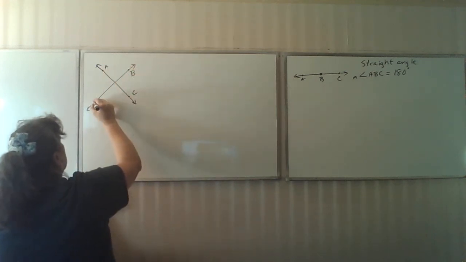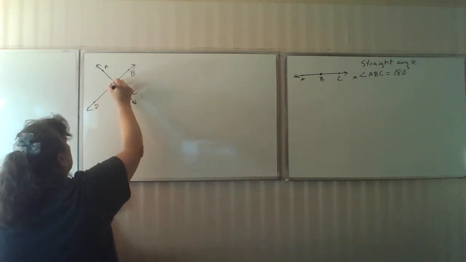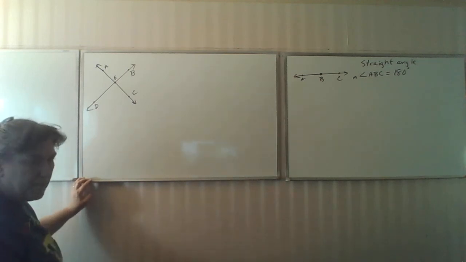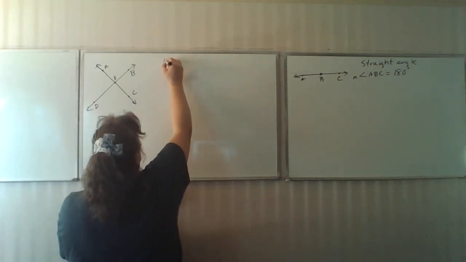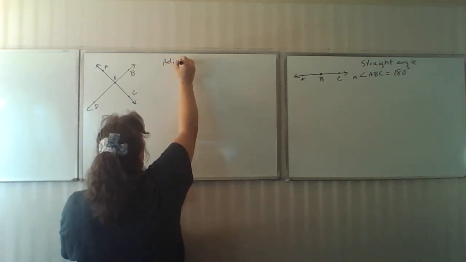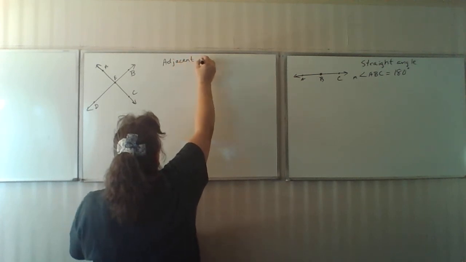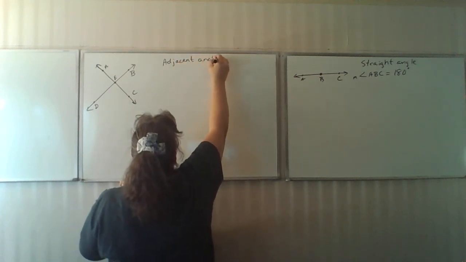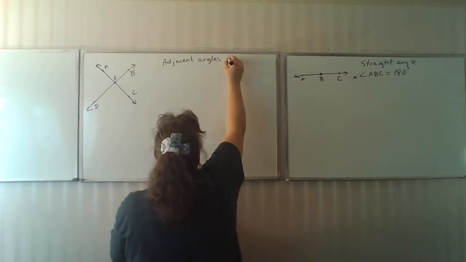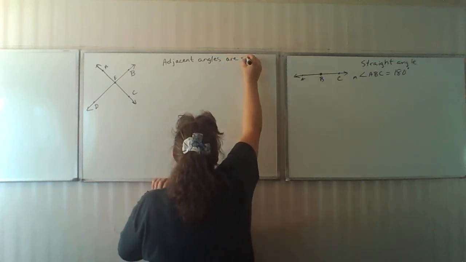C, D, and E. Okay. Adjacent angles. These angles are side by side.